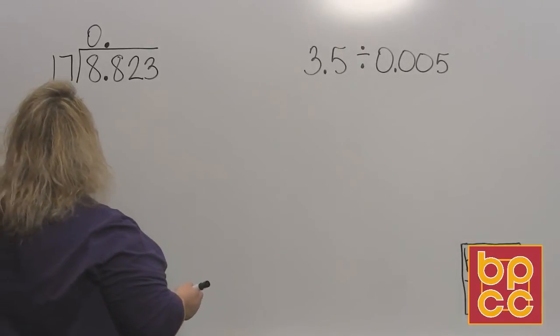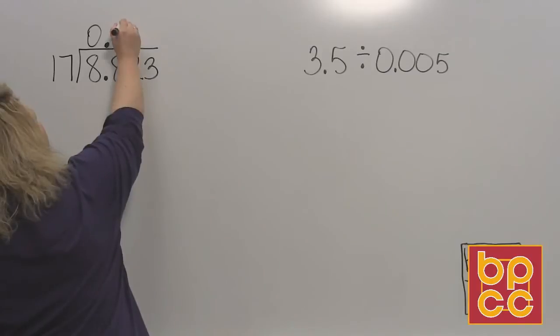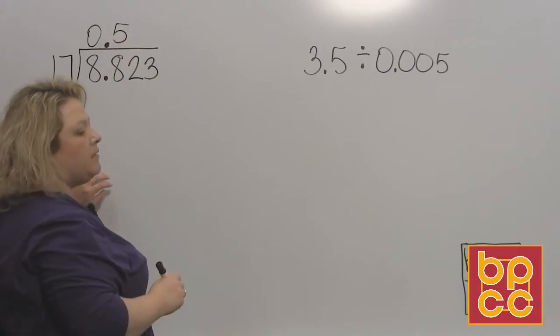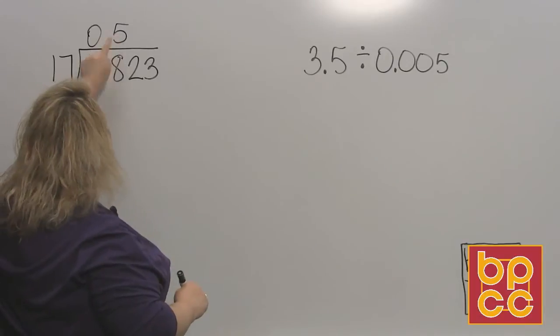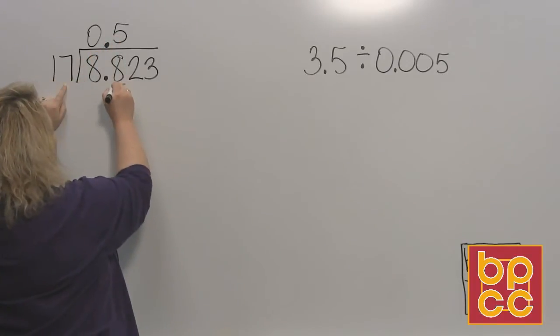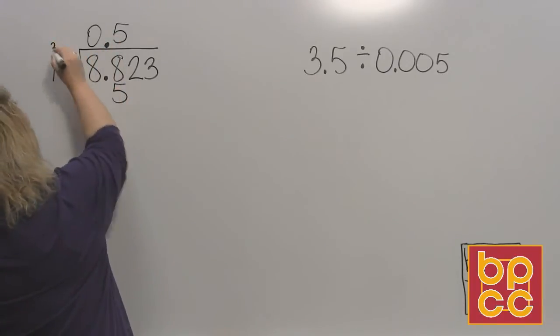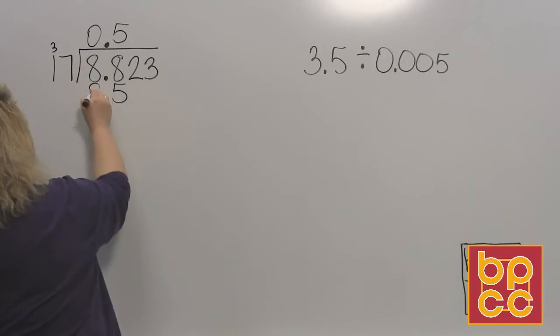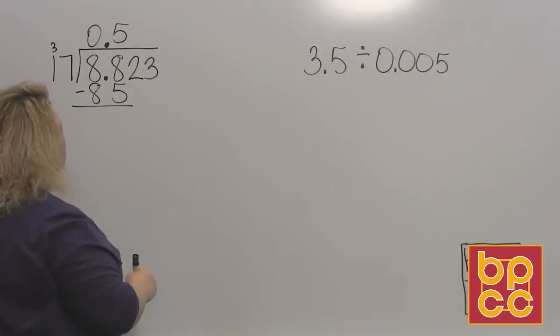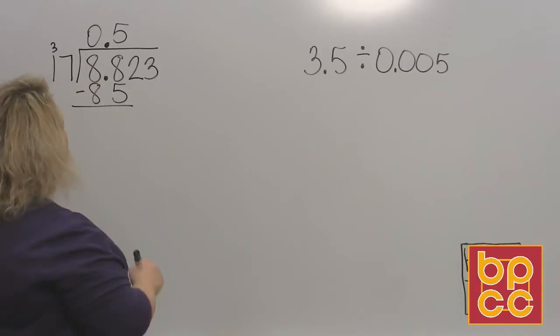Let's start with 5. Okay? And then we do multiplication. 5 times 7 makes 35. 5 times 1 makes 5, plus 3 makes 8. That's pretty close. So now we're going to subtract.